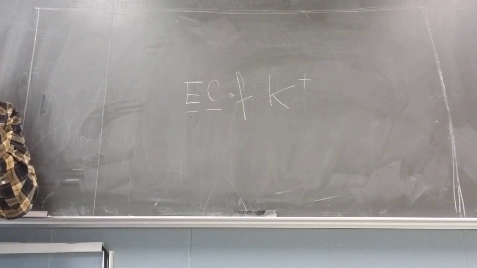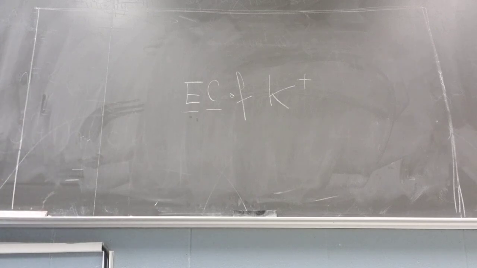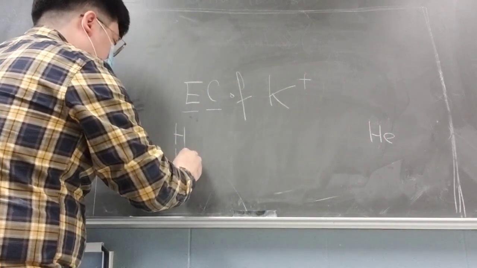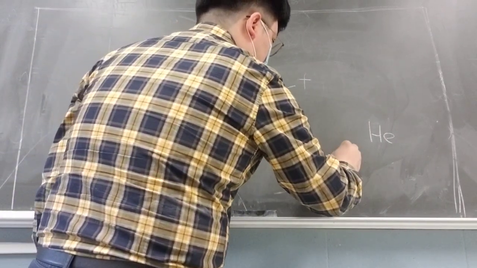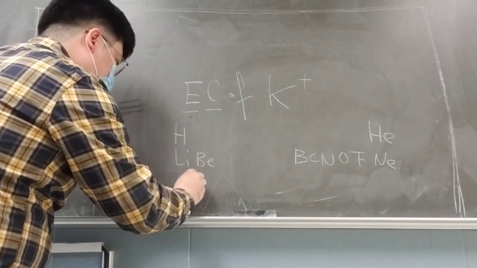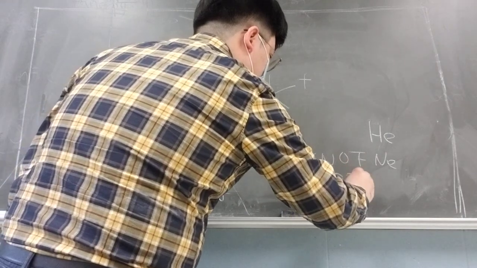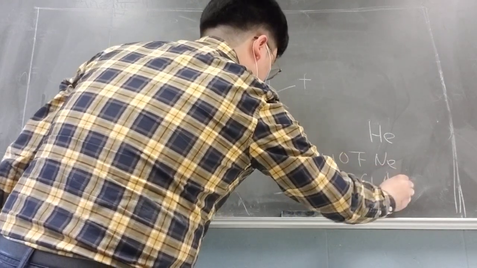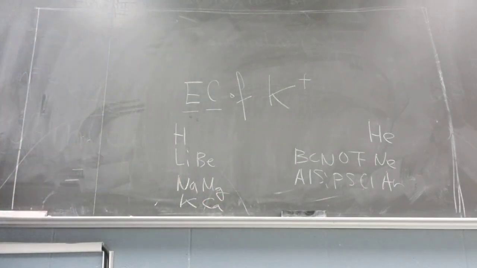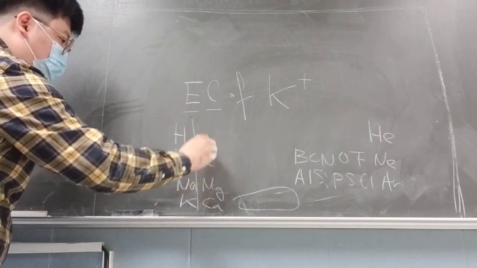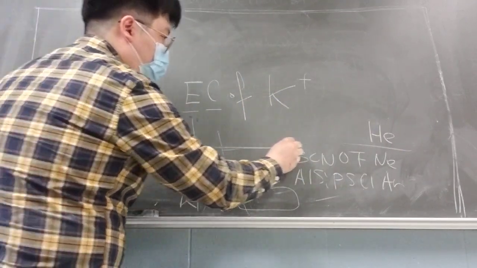You just start from the top left corner to the right, and top to bottom, and see which columns are S block, which are P block, or D block. There's hydrogen, helium, lithium, and so on.